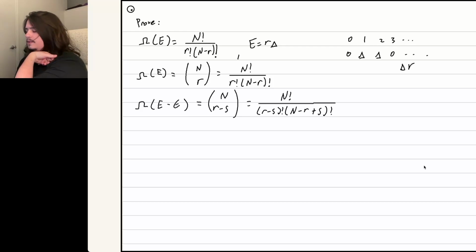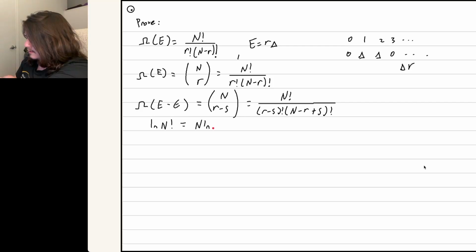You know what? At this point, it's worth pointing out what omega of e is, using the Stirling approximation, that being that the natural log of some number n factorial is n natural log of n minus n, right? That's an approximation.